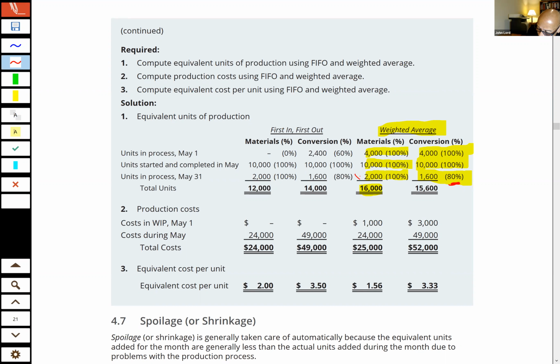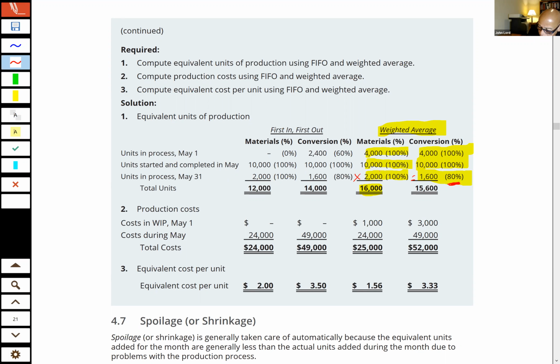That gives us the 1,600 over here, for the 80% there. Okay, good. Now we come over and multiply that times the 1,600 units, which is the 2,000 in process times the 80%.